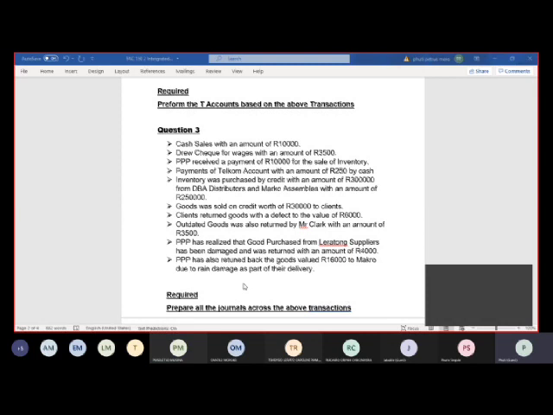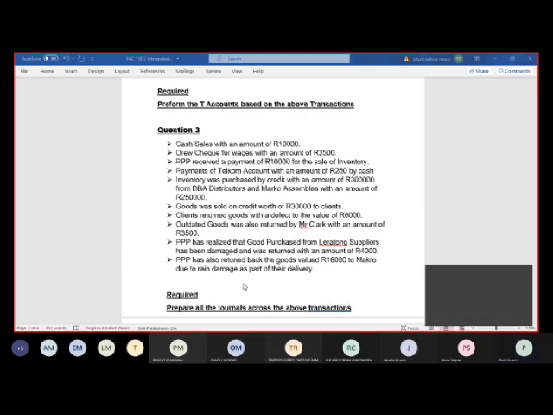So the whole amount of 6,000 rand will go to trade receivables, and the difference between 6,000 and VAT will go through to your sales returns, and the VAT amount will go to your VAT output. Everybody happy? All right, let's look at the next one: goods were also returned with an amount of 3,500. It's actually the same thing.